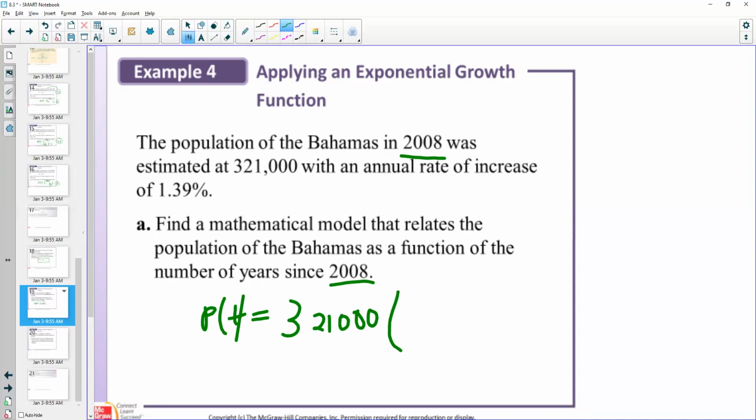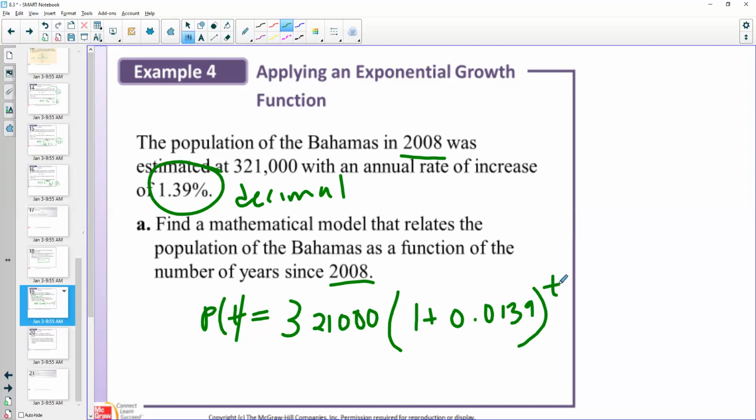Then I have to do 1 plus, it's always that standard 1 because you're taking that population as you have it and growing it. The 1 gives you the initial population plus the rate. We always write the rate as a decimal. Okay, it's in a percent right now, which means you have to move the decimal to the left 2 places. So 0.0139, all to the power of time.